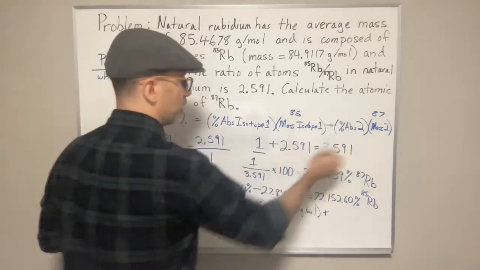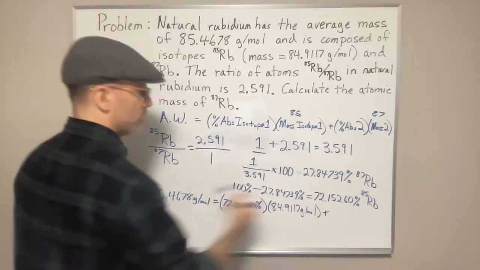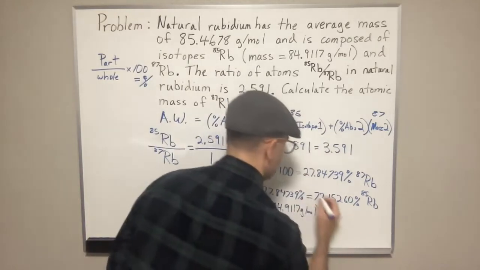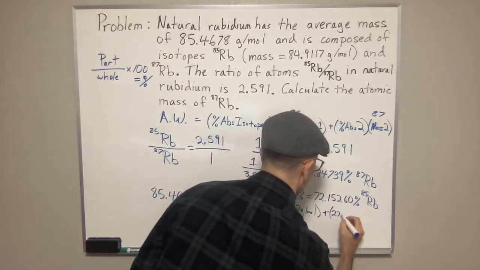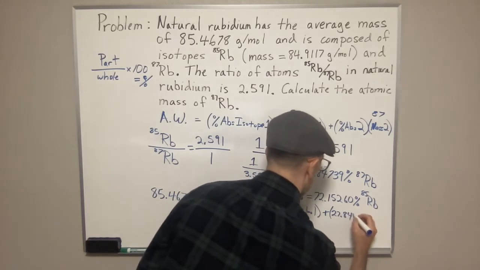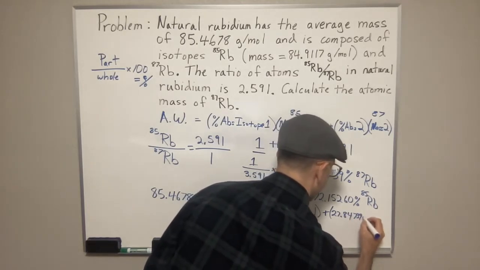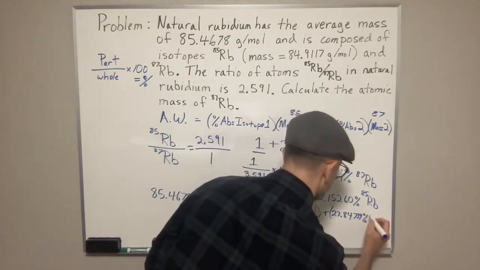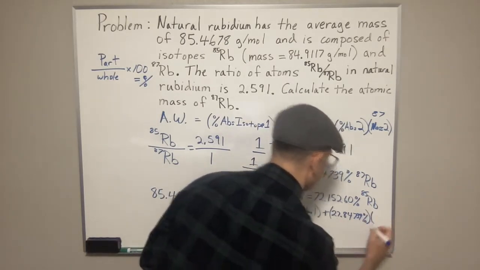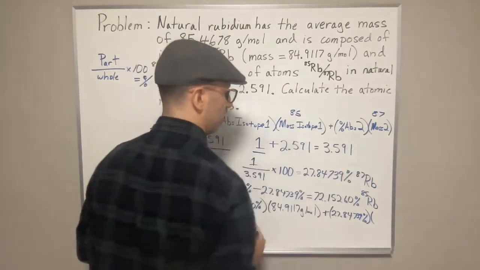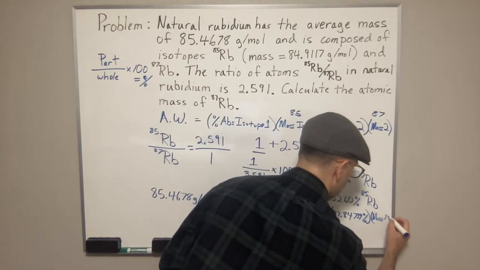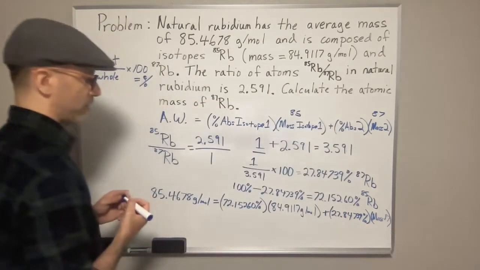So here we have a percent abundance of 87, so that is this percent. So that's going to be 27.84739%. And then that's going to be multiplied by the mass of 87. We don't know the mass. That's what we're going to find out. Mass of isotope 87.